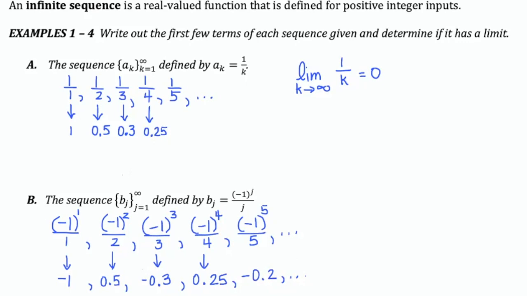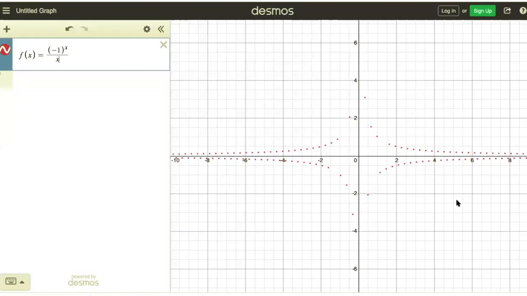But the question is still, is there a limit as we let j go to infinity for -1 to the jth power over j? To help us determine the limit, I've gone to Desmos and typed in as a function this sequence. Now you have to be careful because a sequence, remember, can only take on integer values of x, whereas the function is continuous and it can take on decimal values.